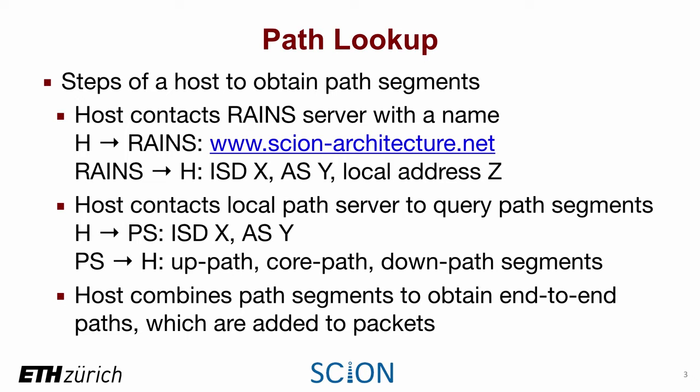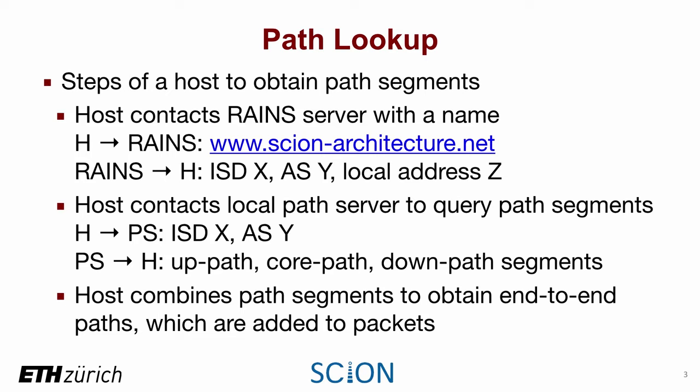So here are the steps that a host performs to obtain path segments to communicate with a given destination. Similar to today's internet, oftentimes a host starts with a name that the user can understand. The user may type www.scion-architecture.net into a browser, and then this name needs to be translated into an address and a path through the network.